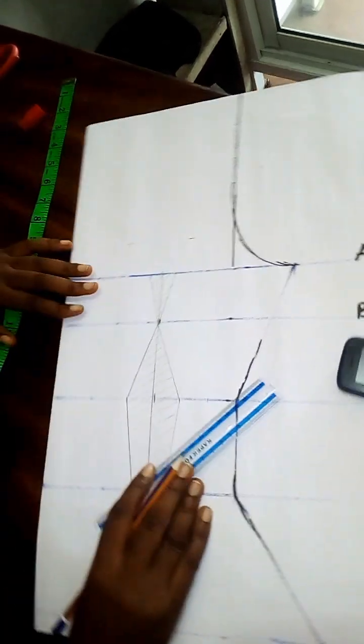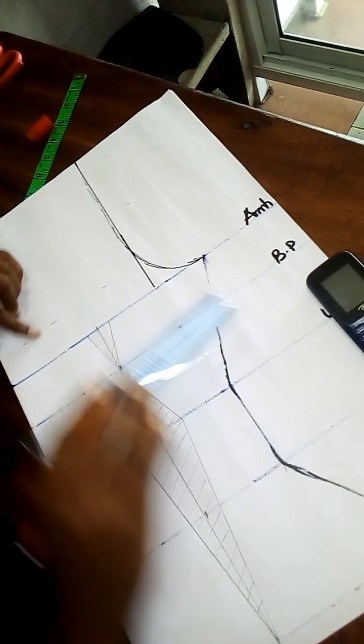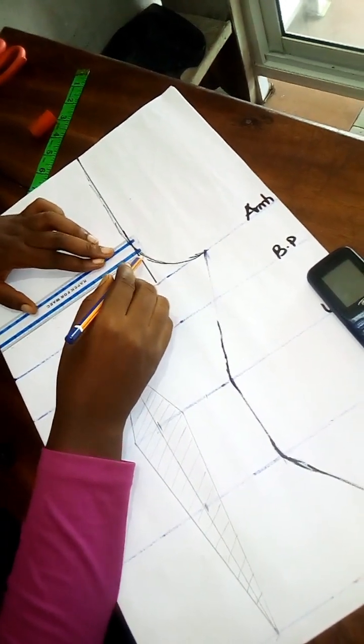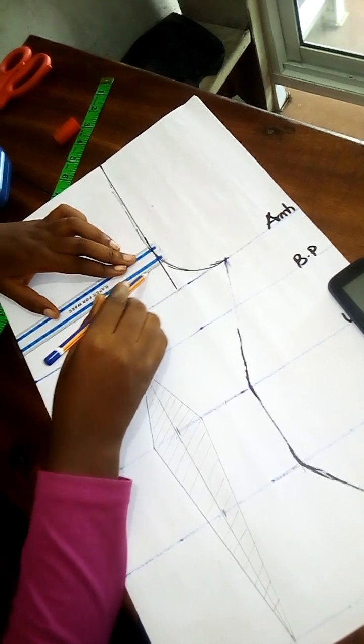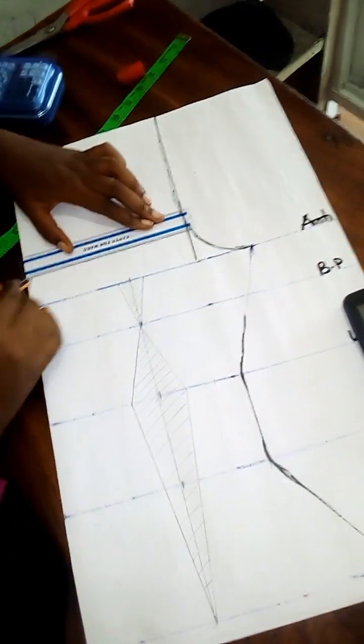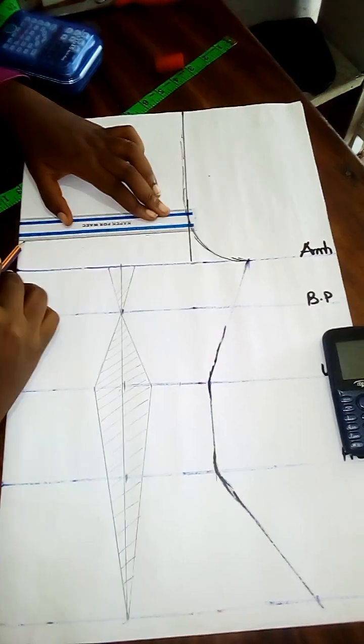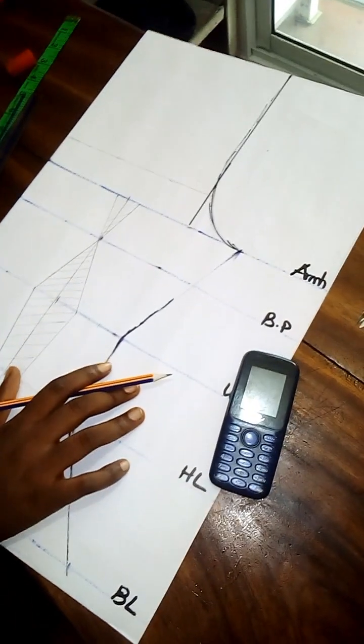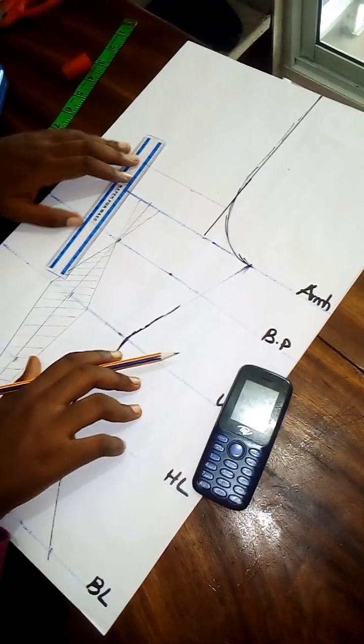So it depends on how busty you are. For some persons that are very busty, 6 might just be a bit far away from the neck. But for me, I'm not very busty. So this is it.